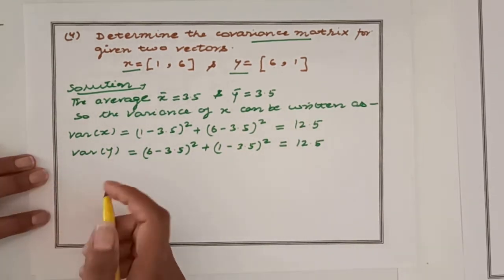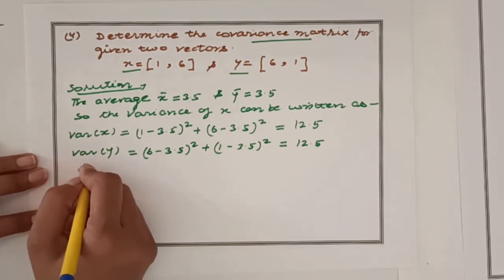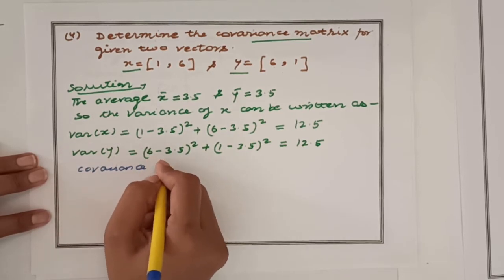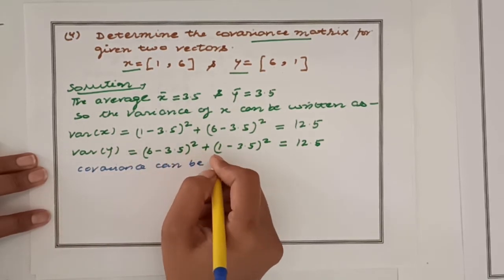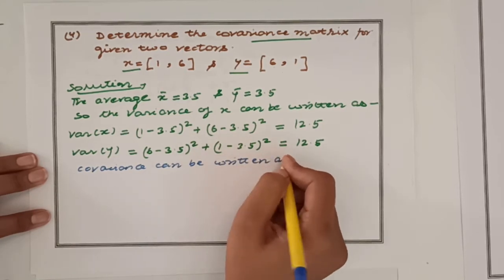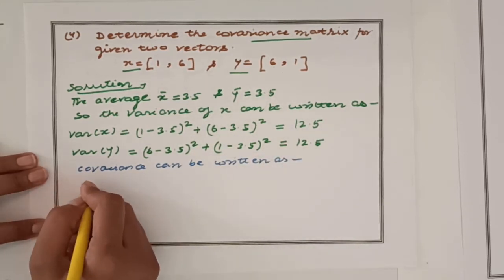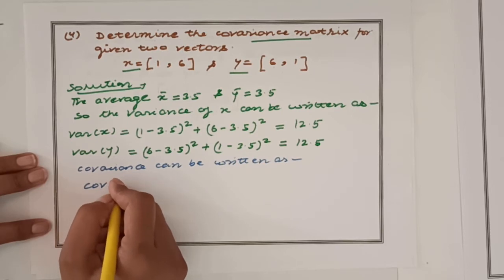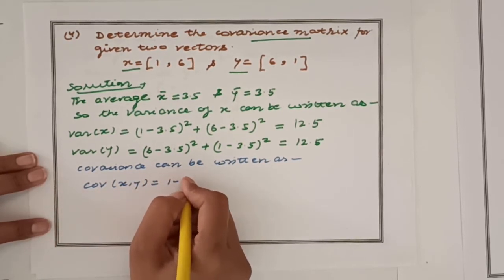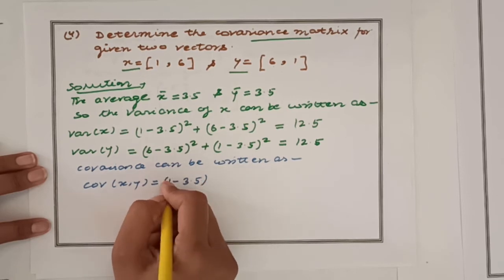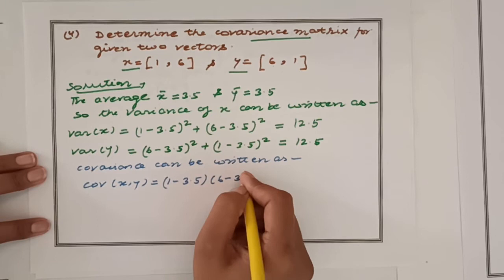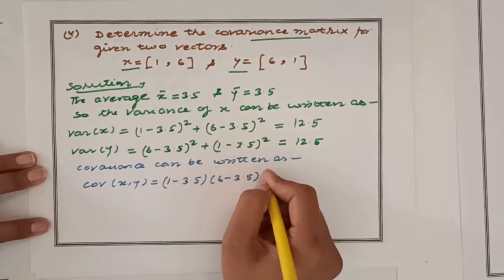So the covariance can be written as covariance of x and y. This is what? 1 minus 3.5. Next component is 6 minus 3.5.